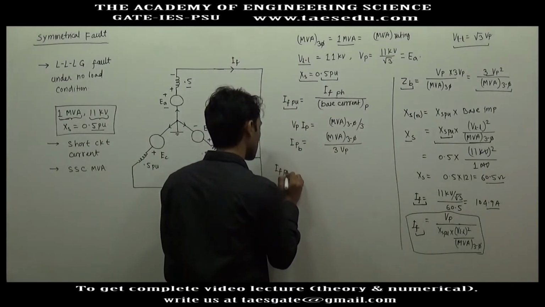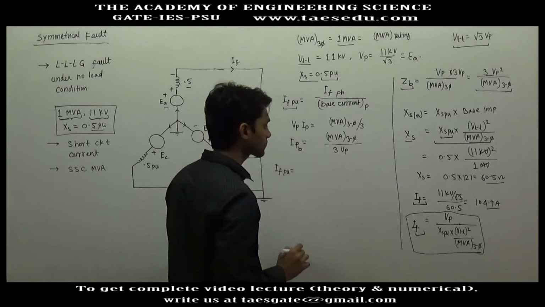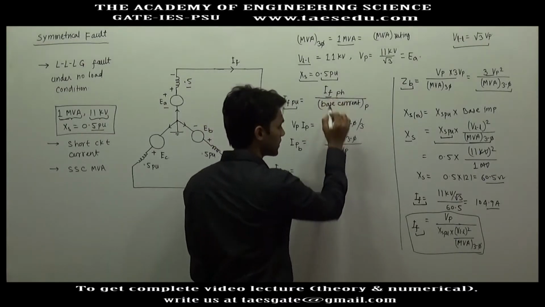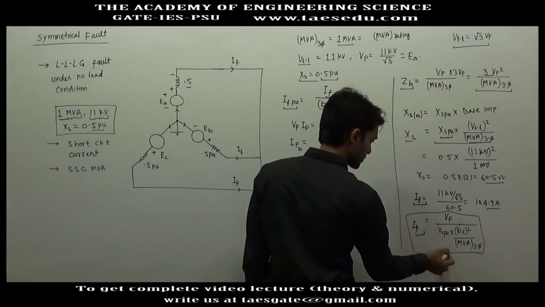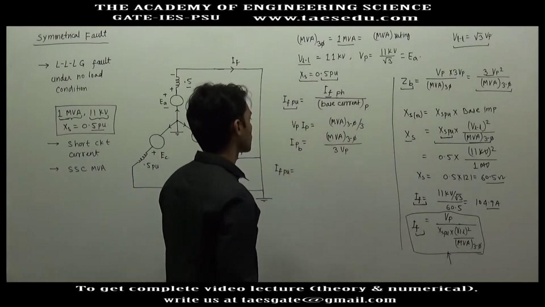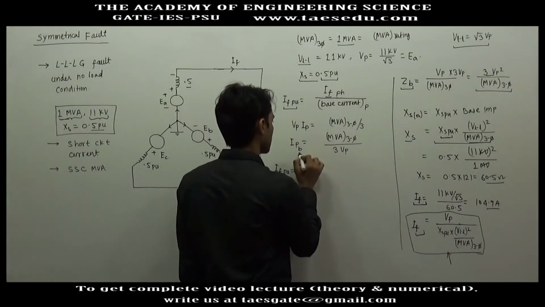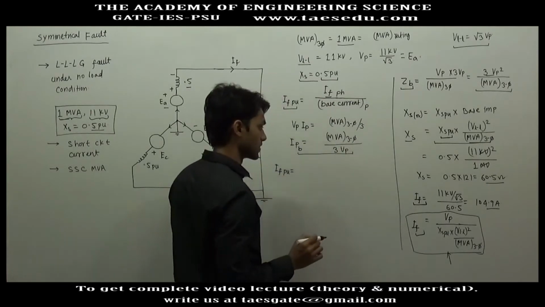So fault current in PU will be the actual fault current in phase, here you have expression, divided by base current. This is the expression for base current.